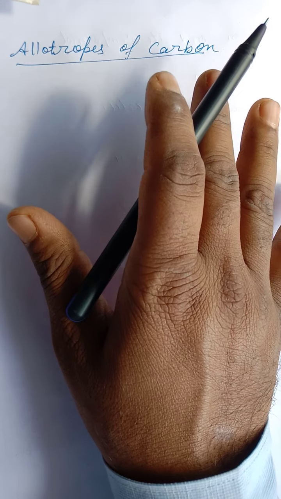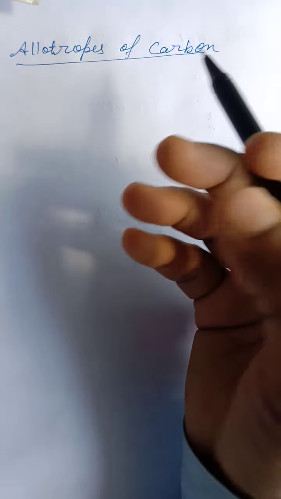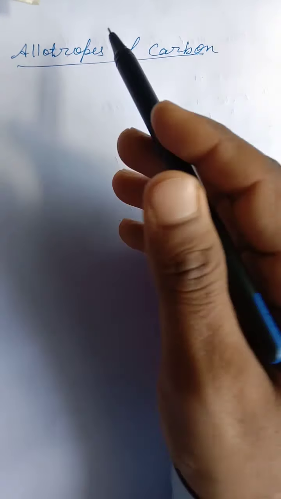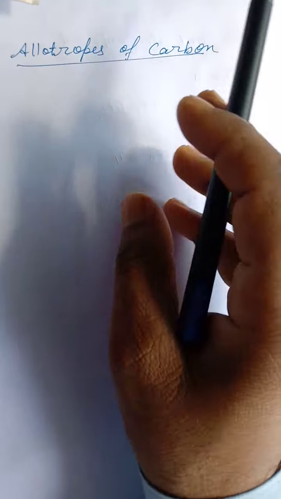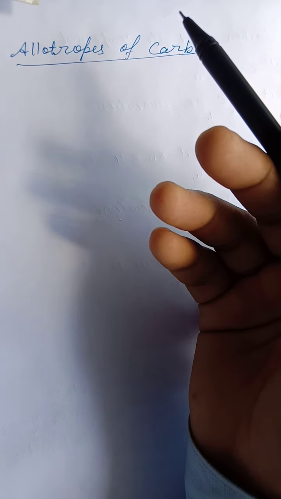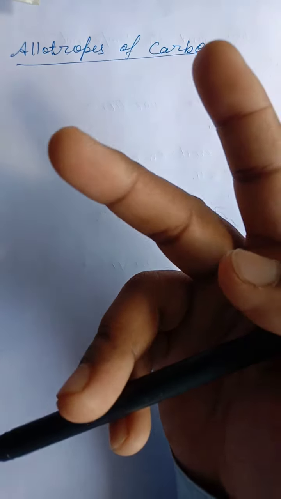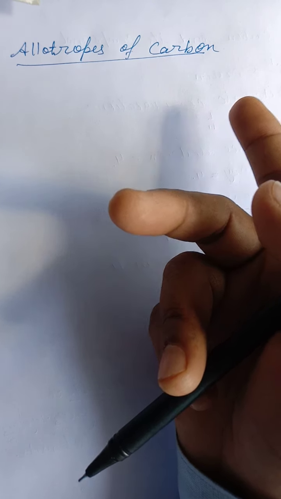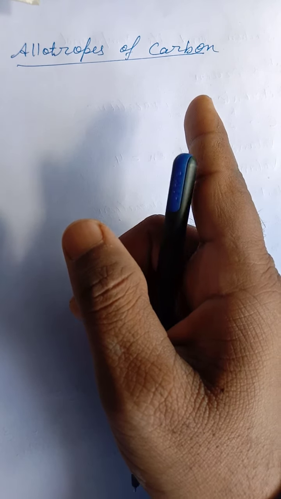Okay, my dear. Now carbon can exist in two allotropic forms mainly. I have told many examples, but on the basis of the nature of the solid, that is crystalline and amorphous, it can be in two forms, crystalline form and amorphous form.